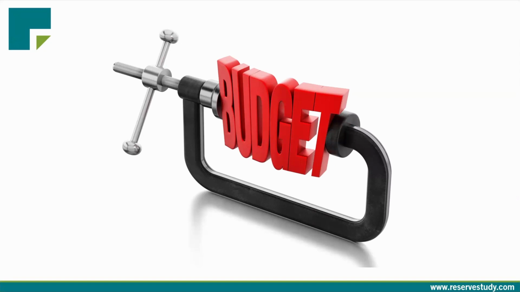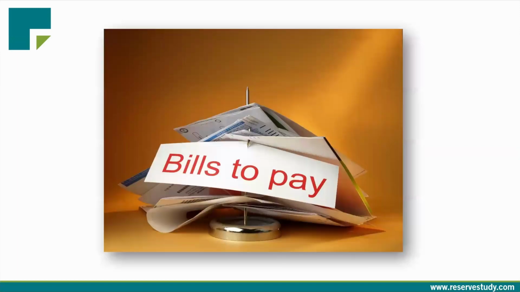But even so, boards are generally reluctant to raise the rates and charge the homeowners what it really needs to run the association. But bills are bills. Bills need to be paid. If you don't pay the power bill, that power bill doesn't go away if you ignore it. It's still there the next month, and it still needs to be paid.